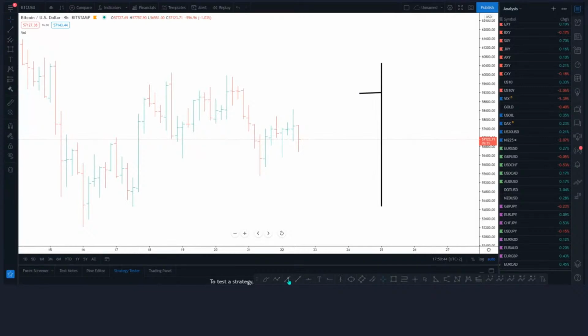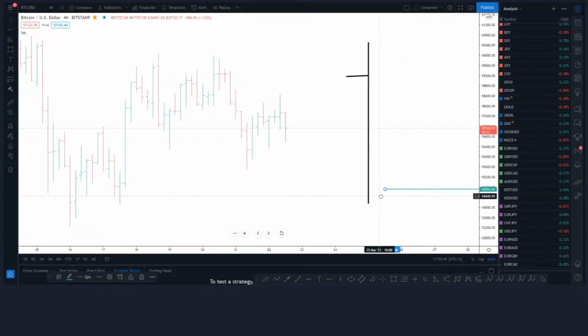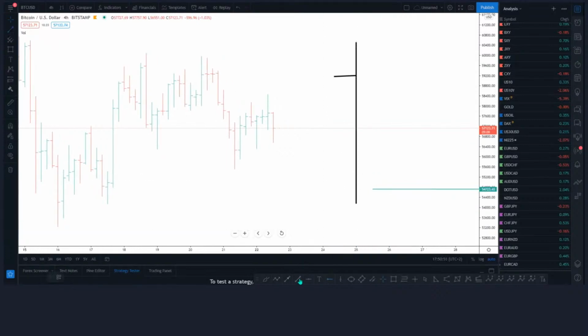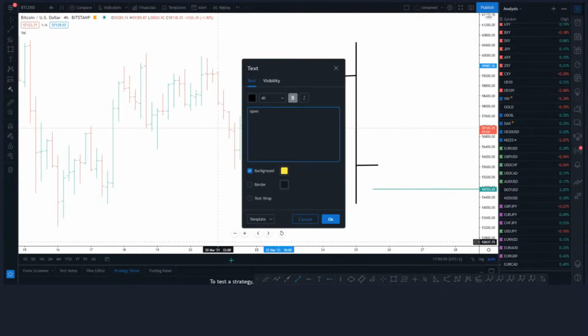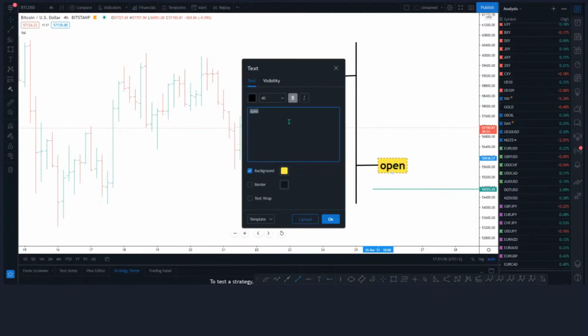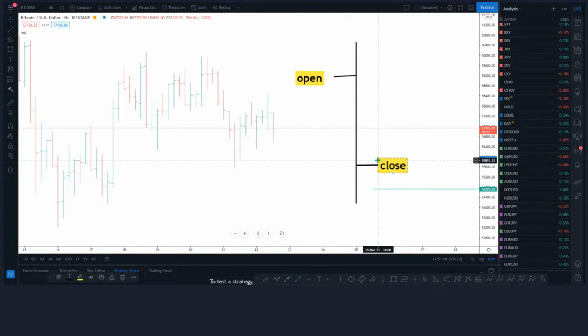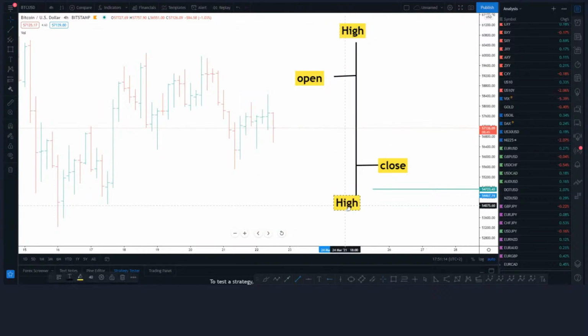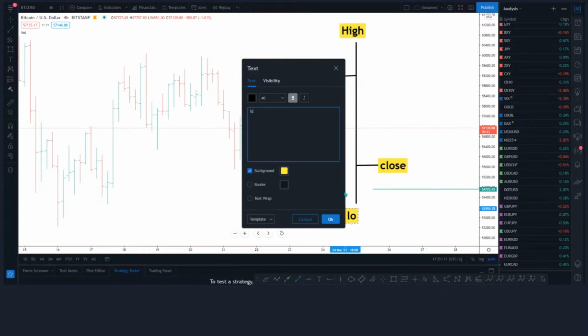It's the Western one. So that's the open price, when the candle starts, and that's the close price. That's the high price, easy stuff, and that's the low price.